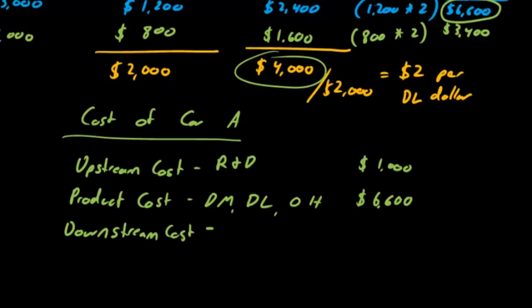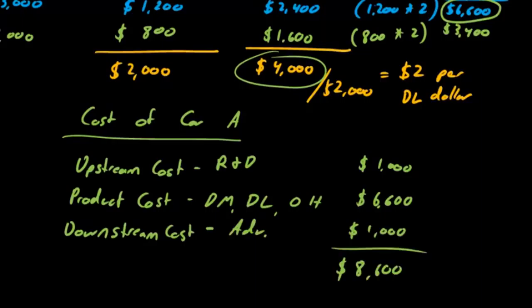We also have to design a car, and so the design cost is going to be called upstream cost. For example, this would be like research and development. So we had to pay some engineer to design the car before we actually produced it, and maybe let's say our upstream cost per car works out to be around $1,000, and then we are also going to have downstream costs.